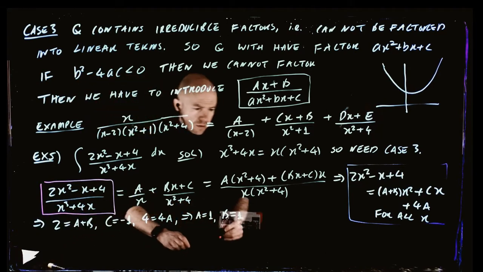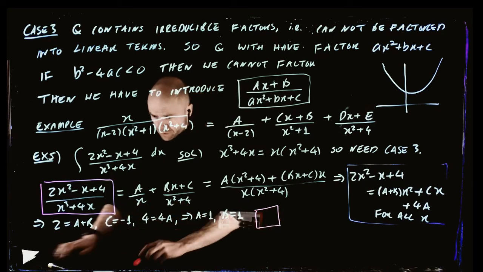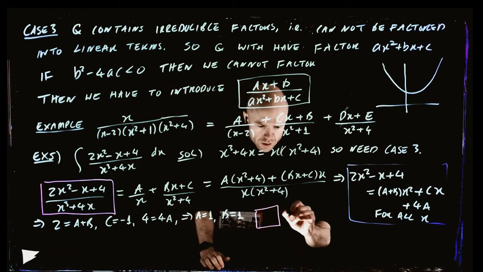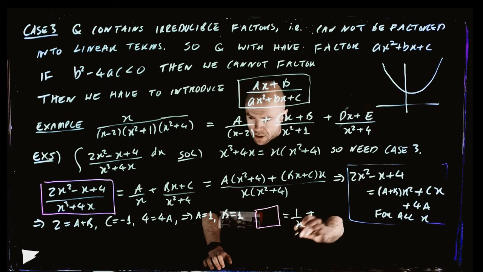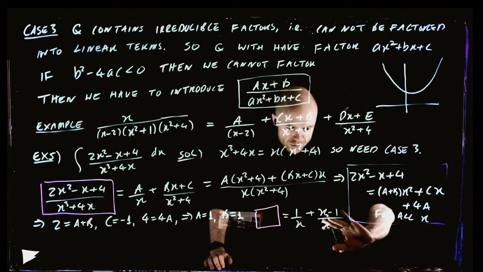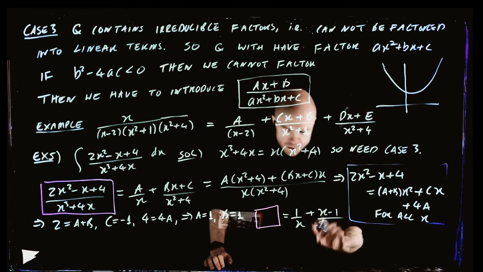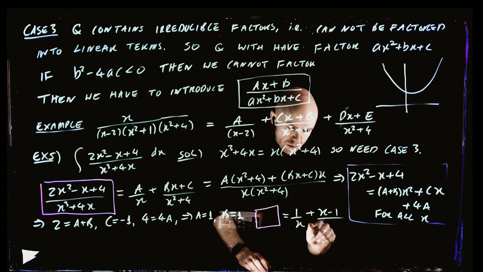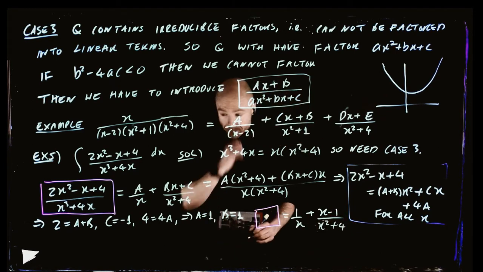This thing in the red box becomes 1 over x plus x minus 1 over x squared plus 4. That's better.